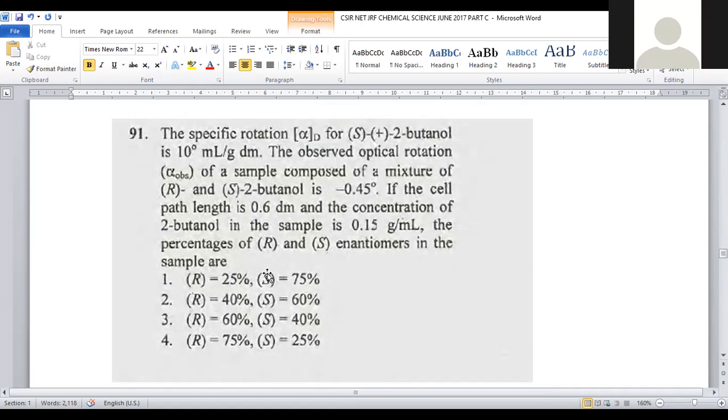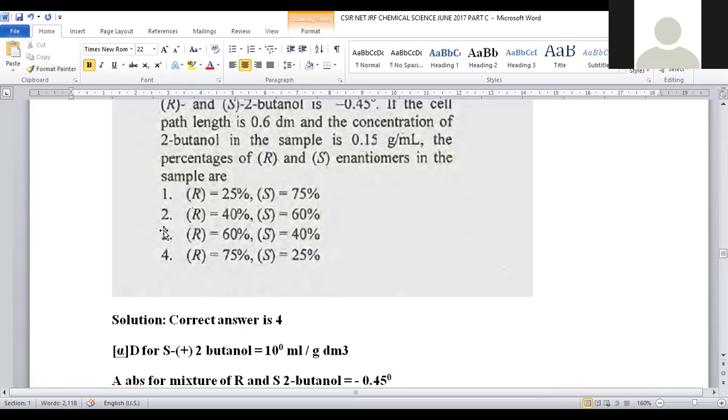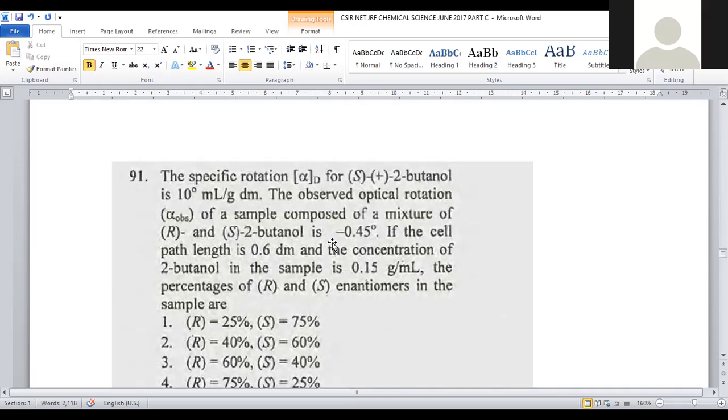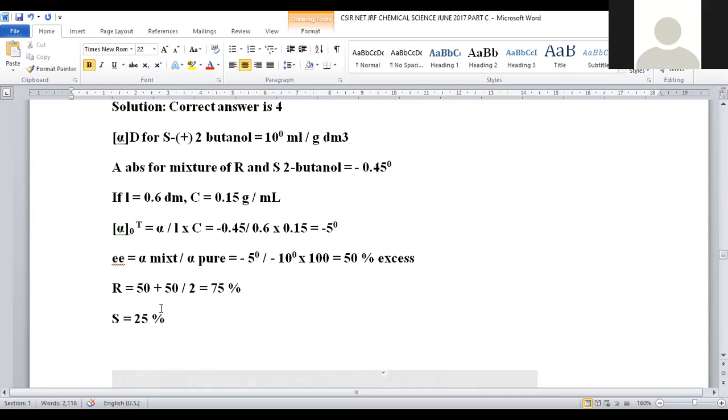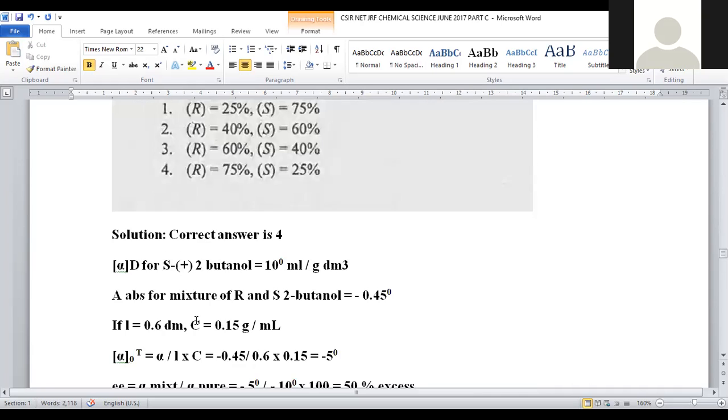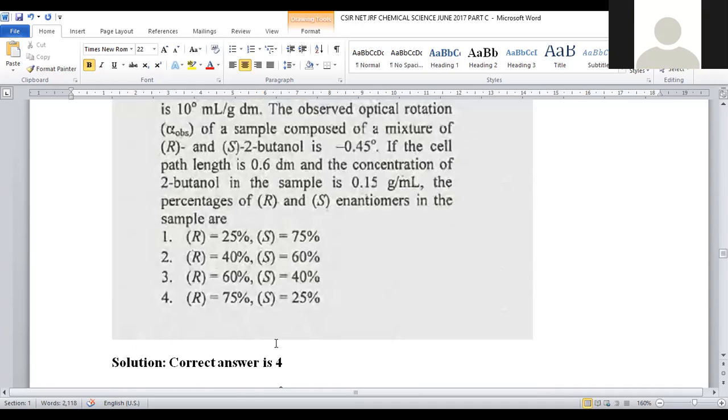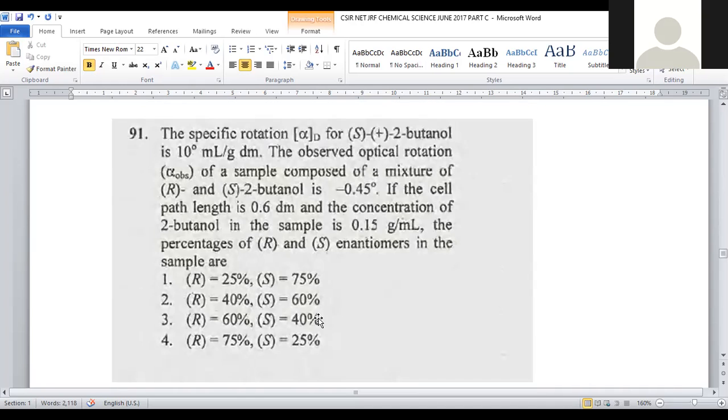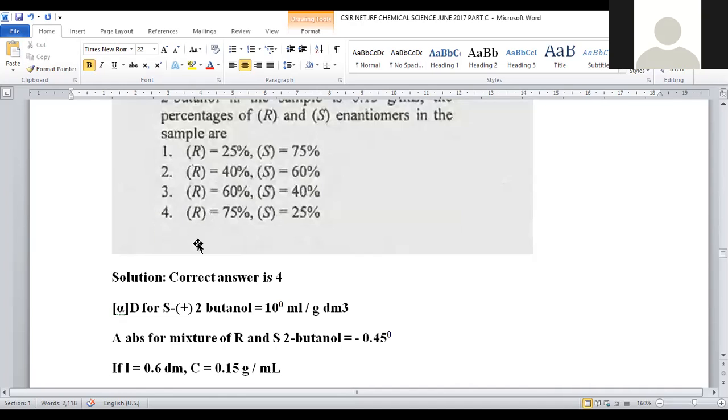So based on the specific rotation, we predict the percentage of R isomer and S isomer present in the given mixture of enantiomers. For question number 91, R isomer is 75 and S is 25, which is provided in option number 4. That's why for question number 91, option number 4 will be the right answer.